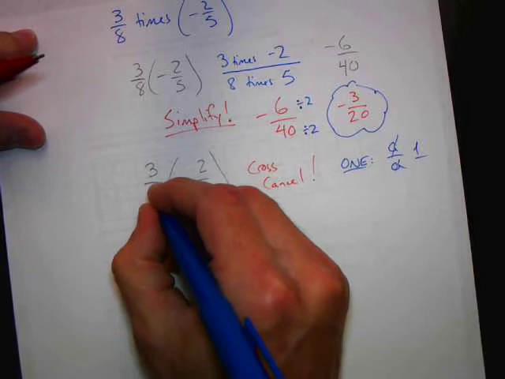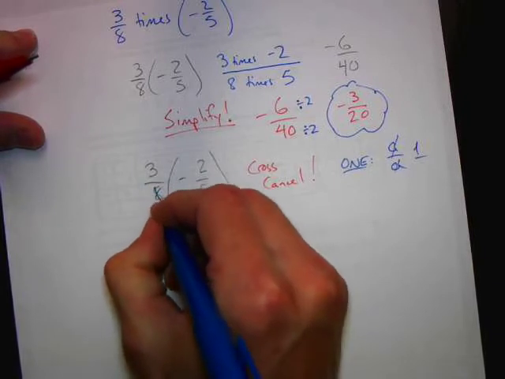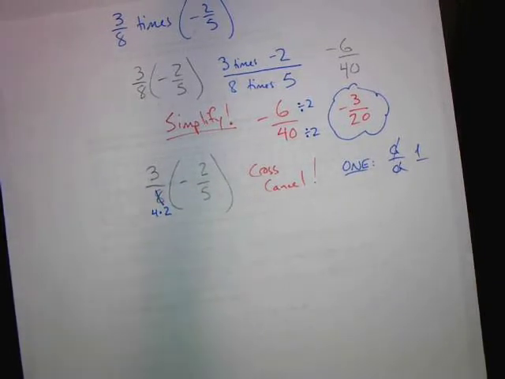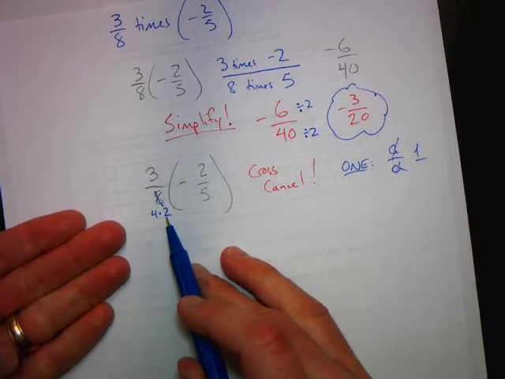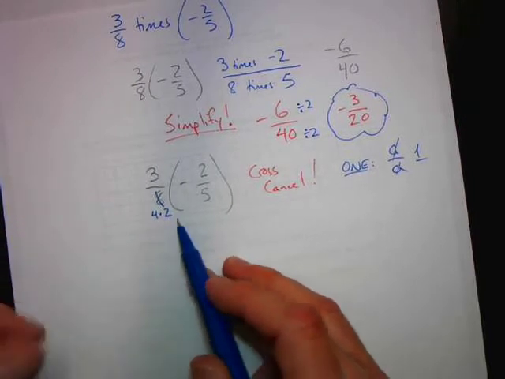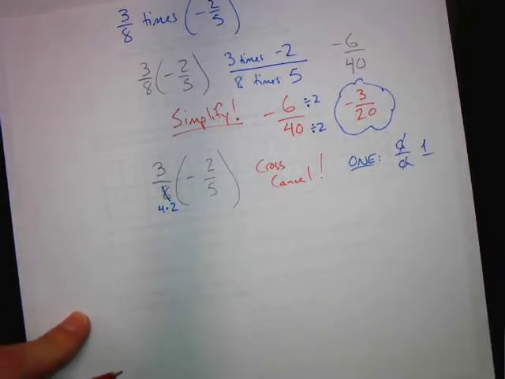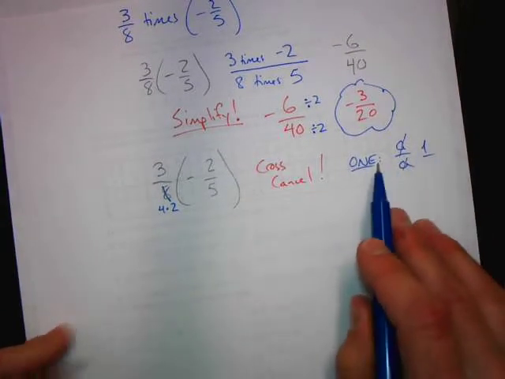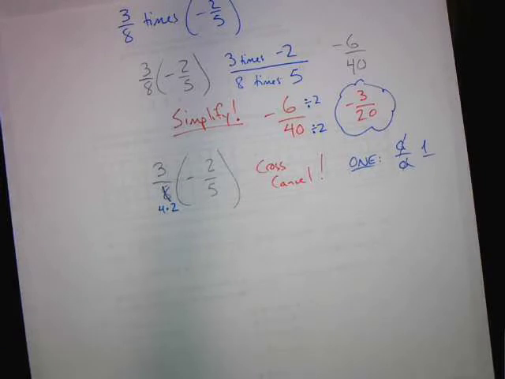If you notice, 8 happens to be 4 times 2, right? So if 8 is 4 times 2, there's the 2 that's inside the 8. Now we have a 2 in the denominator, and we have a 2 in the numerator, and it's our giant 1. So we can cancel out that giant 1.